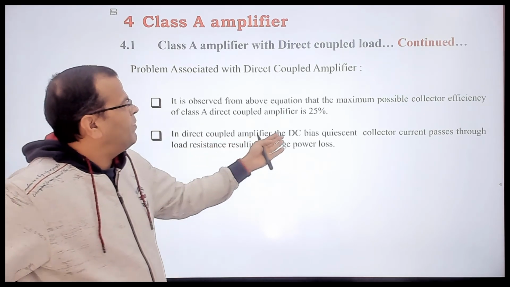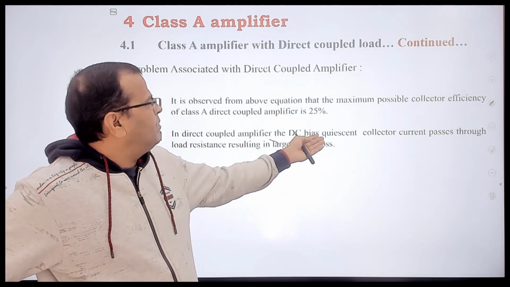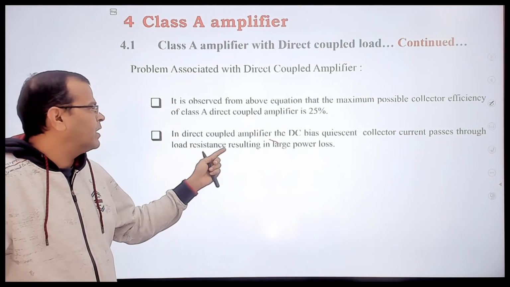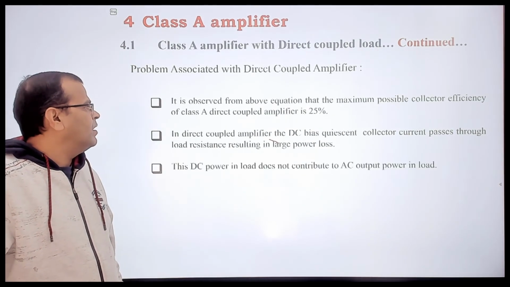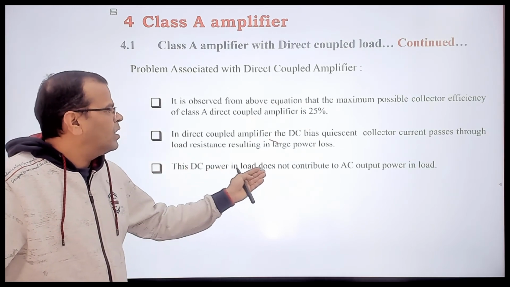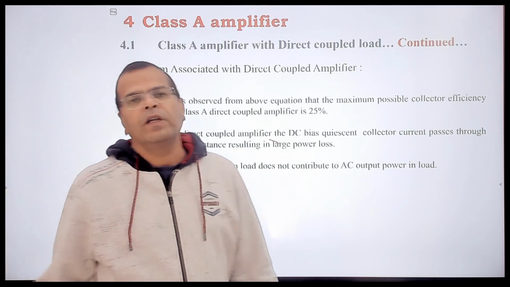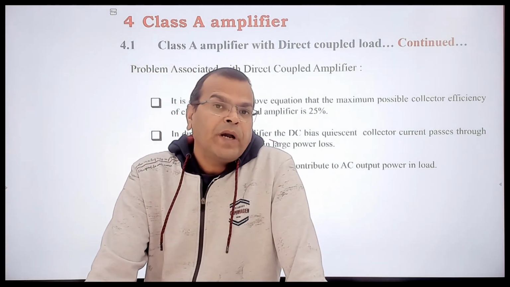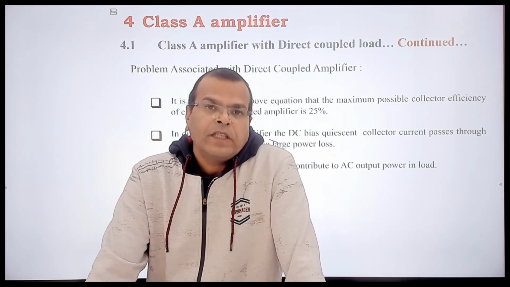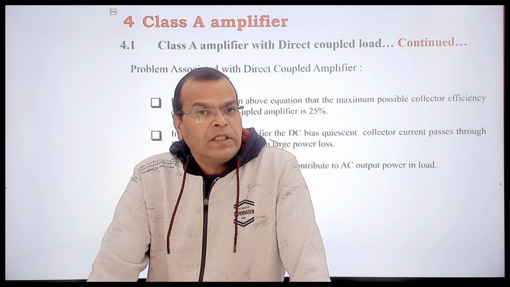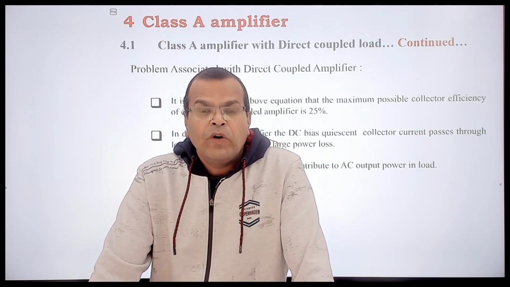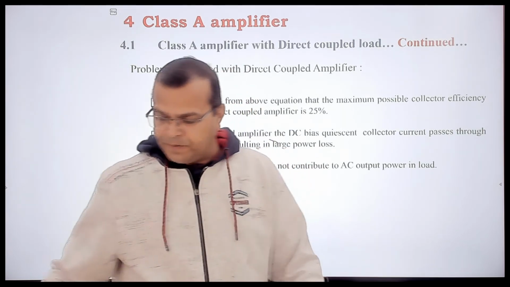In a direct coupled amplifier, the DC bias quiescent collector current passes through the load resistance connected in the collector, and that results in the power loss. This DC power in the load does not contribute to the AC power in the load. Remember, DC biasing current is not output AC power. So if there is any DC current passing through the load resistance, that will result in simply power loss. That will not be your desired output power, right?